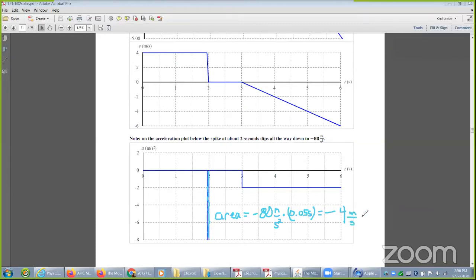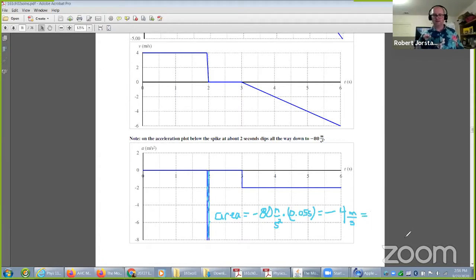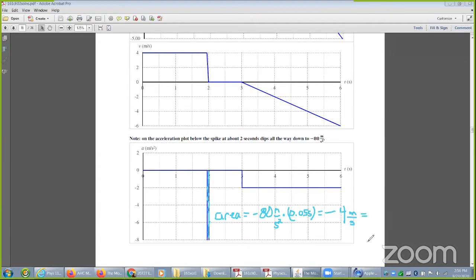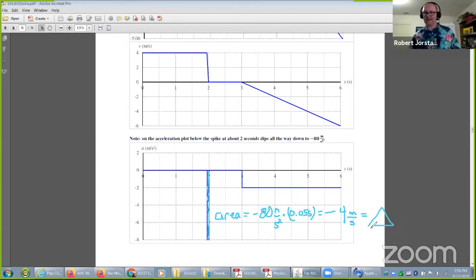Absolutely. What is that area? Velocity. No. Close. Change in velocity. Delta V. Do you agree? It's none of those velocities at that time. Take a look. Here it's 4. Here it's 0. Delta V equals -4. Does that make sense?